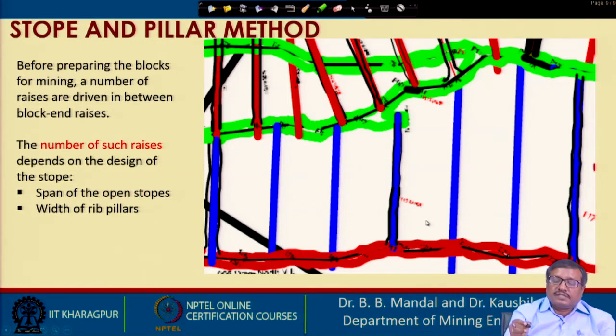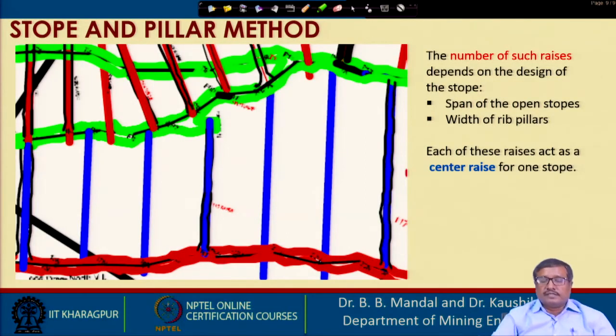So, we have to first decide how wide the stopes will be and what will be the thickness of the rib pillars. Combining these two, we will be able to find out the center to center distance between two raises. So, I will come to that. The number of raises, as I said, will be decided on these two particular parameters.